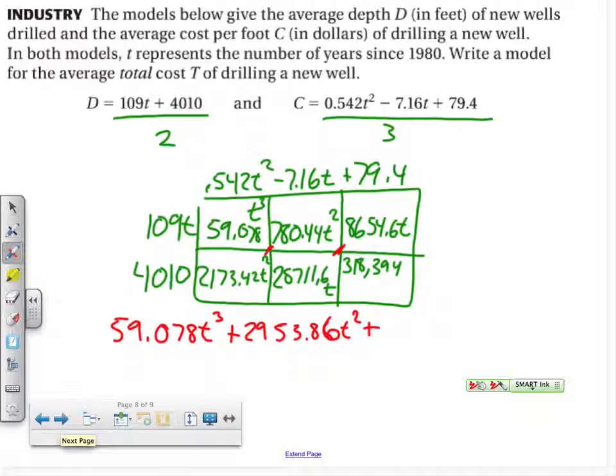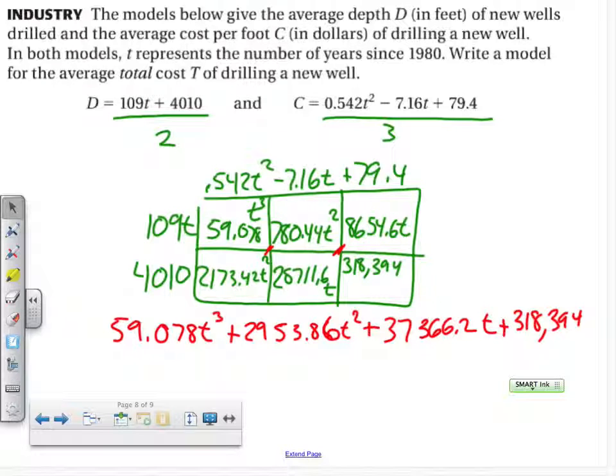Add our linear terms, 28,711.6 plus 8654.6, 37,366.2 T plus our constant, 318,394. Okay, big numbers, but it's the same concept. You find the area of each box. So in conclusion, to multiply polynomials, we are going to use boxes, length times width. We just make our big boxes bigger than they were when we had binomials.